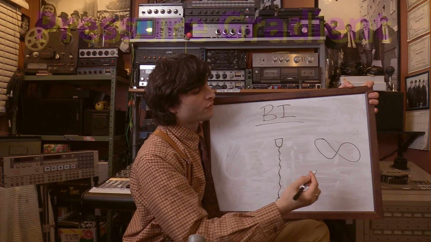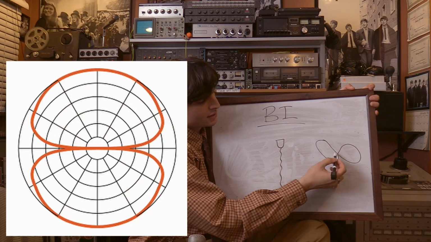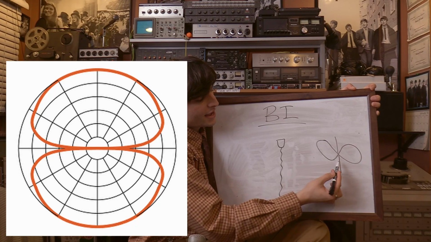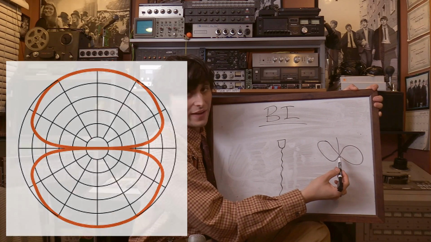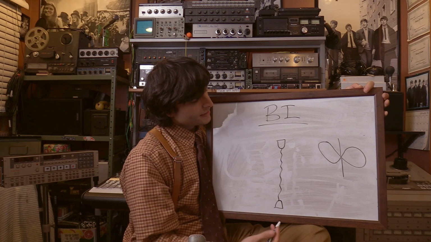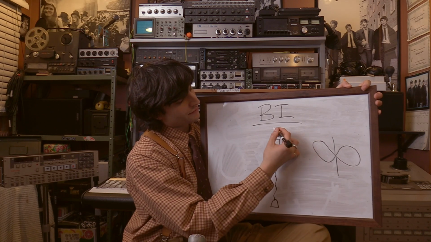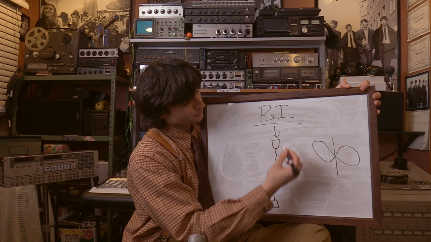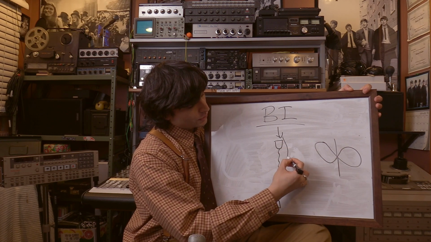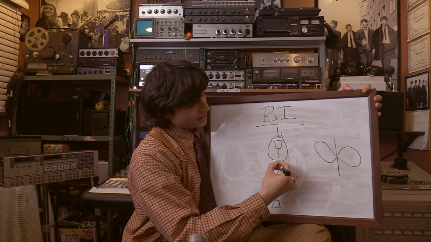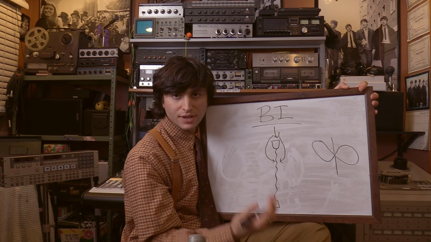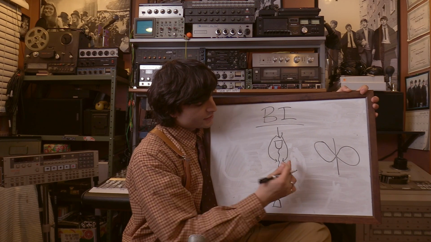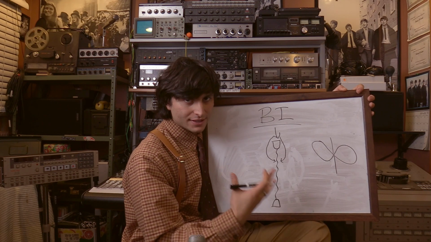And the reason for the dip in sensitivities around the 90 degree and 270 degree off-axis response of these microphones is because when sound is coming from, let's say, this direction, it is going to be reaching both sides of the ribbon at the same time, and they're going to be seeing the same pressure wave at said time.